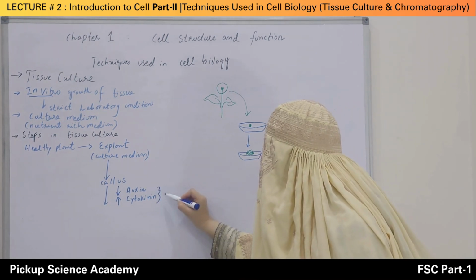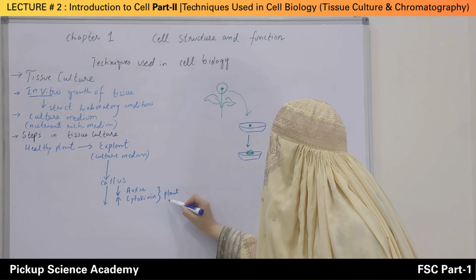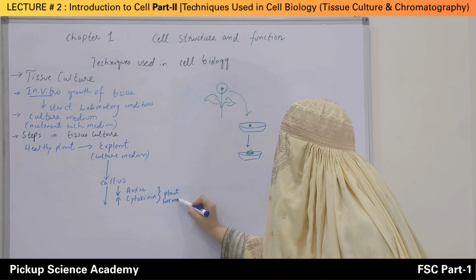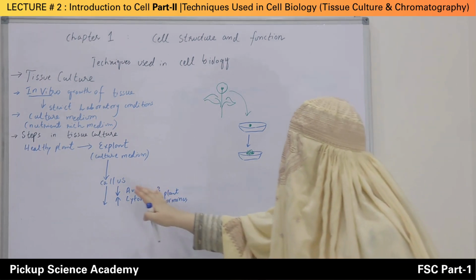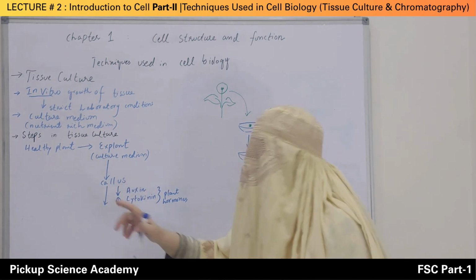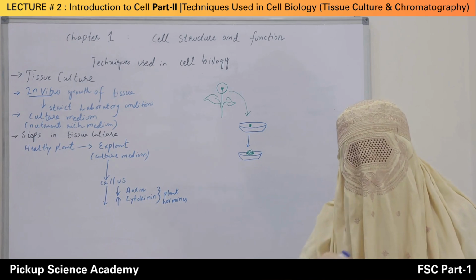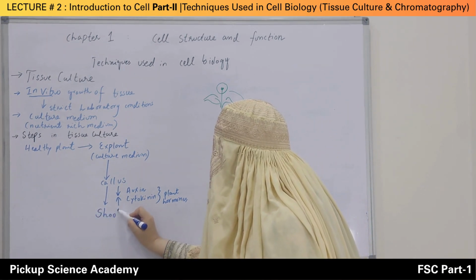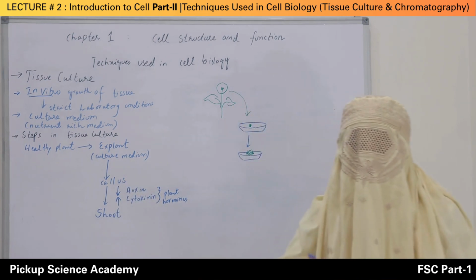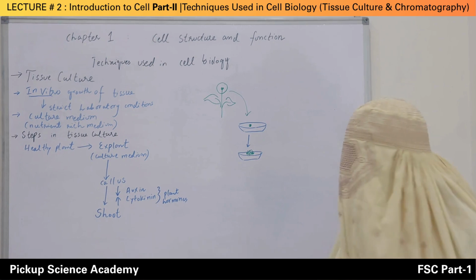These two are plant hormones, the plant growth hormones. So what will happen? This callus will be converted. It will start producing shoots. Small shoots will start forming from this callus.